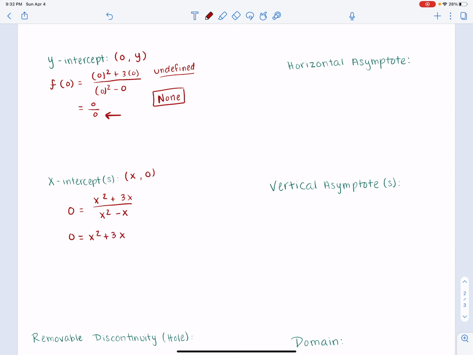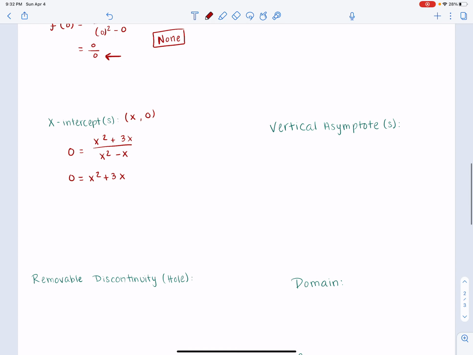In order to solve it, I need to factor it, but I don't need to use my chart because there's only an a and a b term. So I can say 0 equals x times x plus 3. So we set them equal to 0: x equals 0, and x plus 3 equals 0, so x equals negative 3.